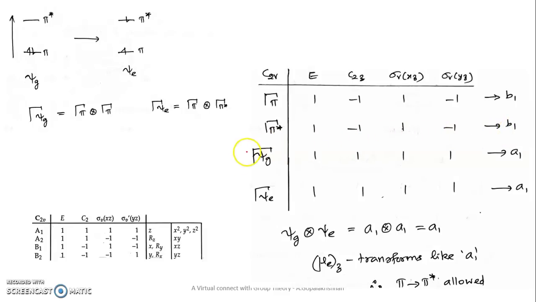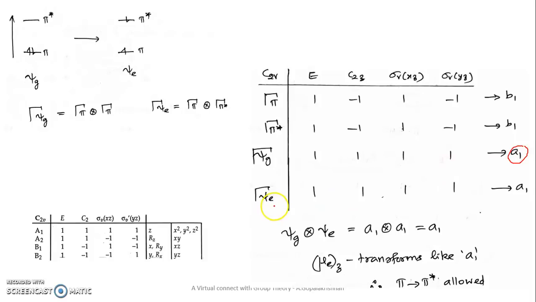So now, what is the ground state wave function? The ground state is nothing but pi into pi, right? So multiply the characters of pi and pi. 1 square is 1, -1 square is 1, 1 square is 1, -1 square is 1. So the ground state corresponds to 1 1 1 1 character, and that is nothing but A1.